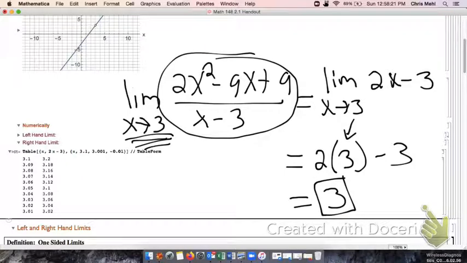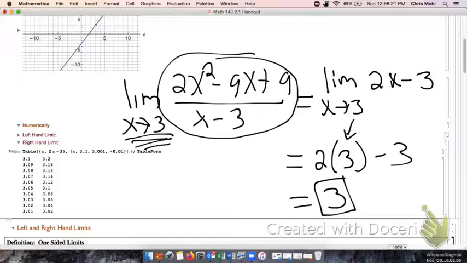So there's really 3 ways to do a limit. Well, there might be even 4 ways, but you can do it graphically. You can do it numerically by just plugging in values into the function that get closer to, in this case, 3. Or for certain functions, you can do it algebraically, where you simplify the function until a point where you can just plug in what I call the limiting value.